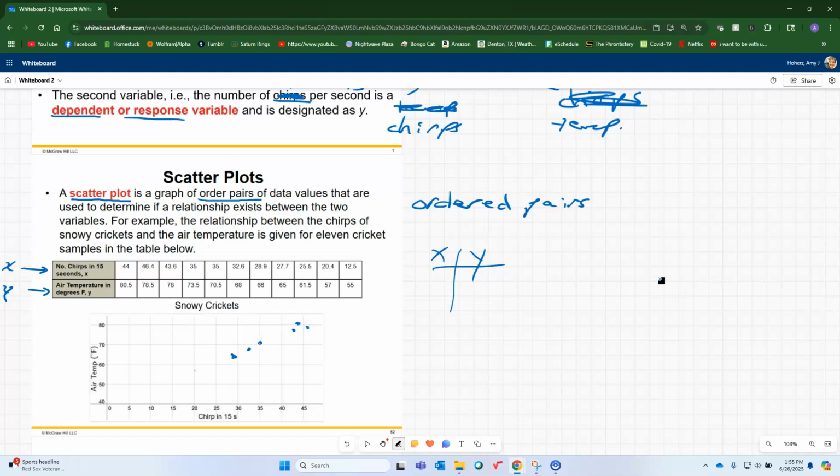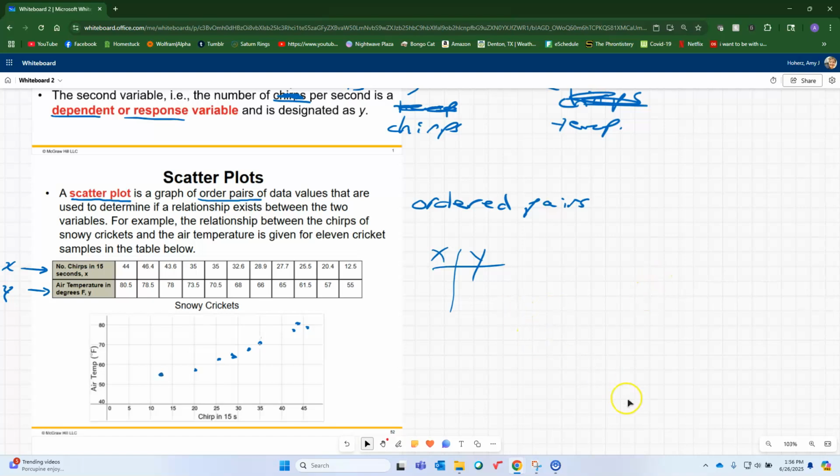So we're pretty close to each other. 25.5 is 61. 20.4 is at 57. And then 12.5 chirps is our coldest. It's only 55 degrees.